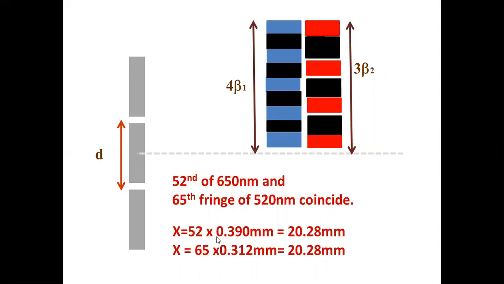You multiply the betas: 52nd fringe of 650 nanometer, with 0.390 millimeter fringe width, and the 65th bright fringe of 520 nanometer, with 0.312 millimeter fringe width. They are formed at the same place, 20.28 millimeter from the central bright fringe.